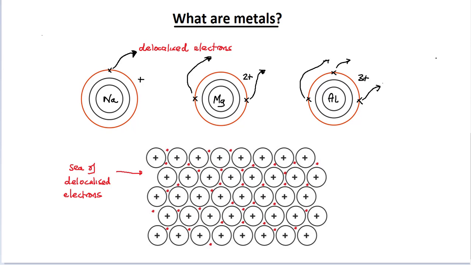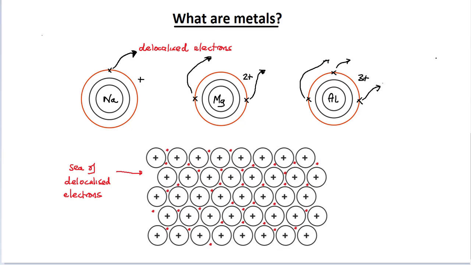In the case of magnesium, each of these ions would have a 2+ charge, and there would be twice as many delocalized electrons surrounding the ions, holding them together. In the case of aluminium, each ion would have a 3+ charge, and there would be 3 times as many electrons available to hold the ionic structure together.